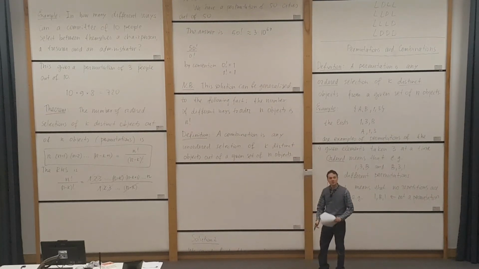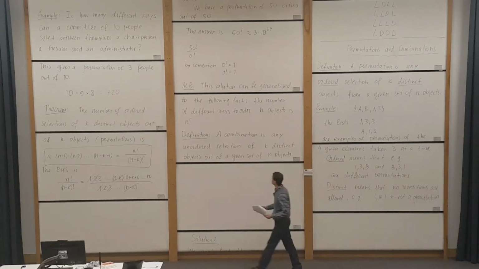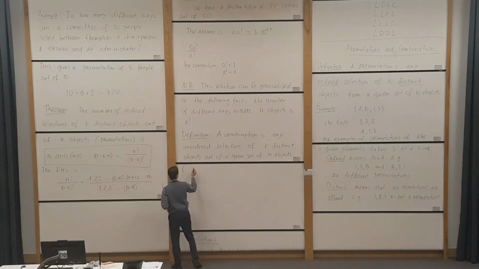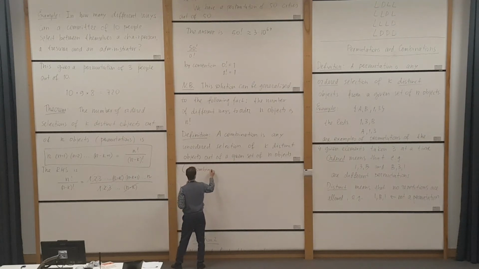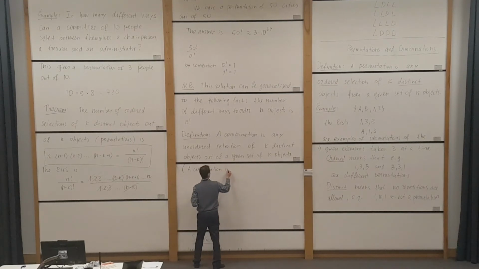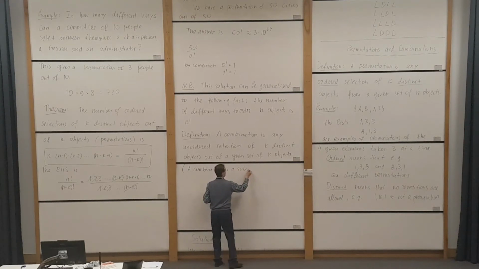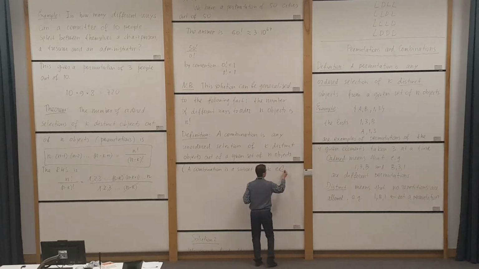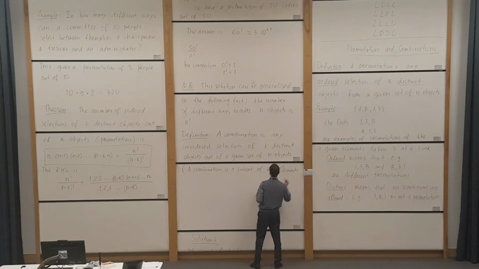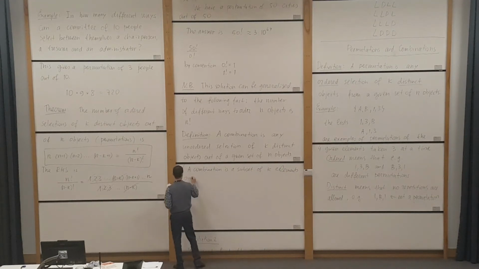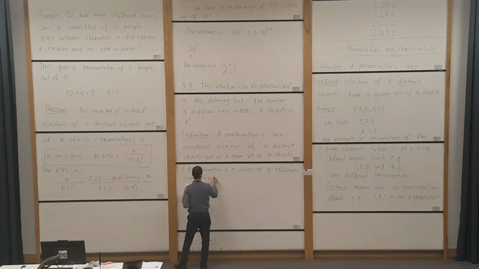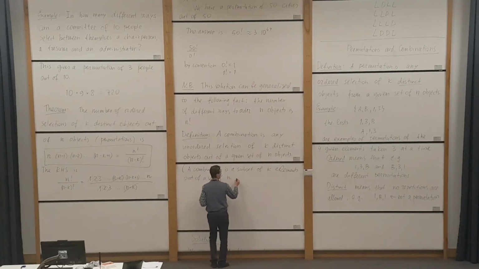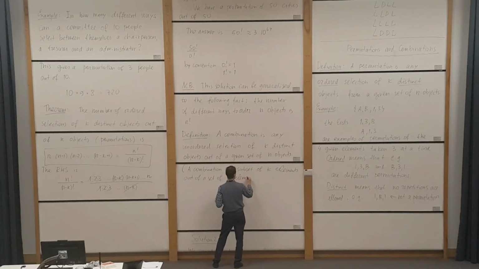Well, combinations are essentially subsets, right? You can say, in other words, a combination is a subset of some k elements, which must be fixed, out of a set of n elements.